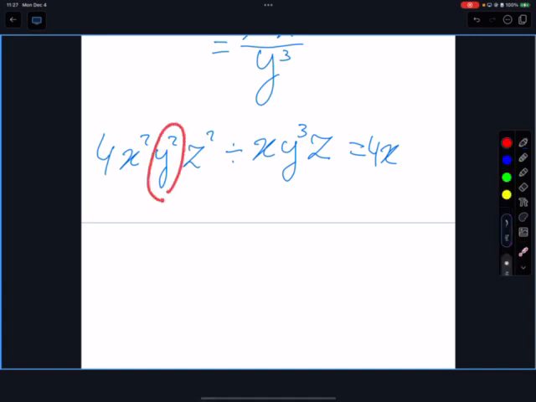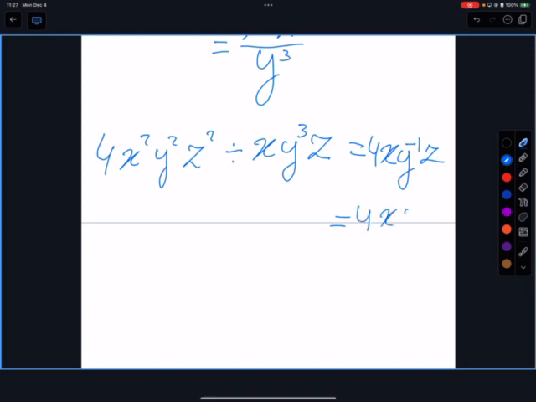Then you have y squared divided by y to the power of 3 is y to the power of minus 1. So y to the minus 1. Z squared divided by z is just z. So this answer, you should not have left it like this. You should have changed it to 4xz divided by y.